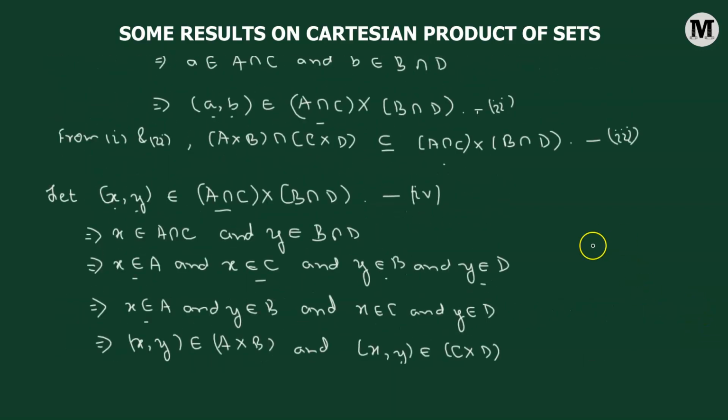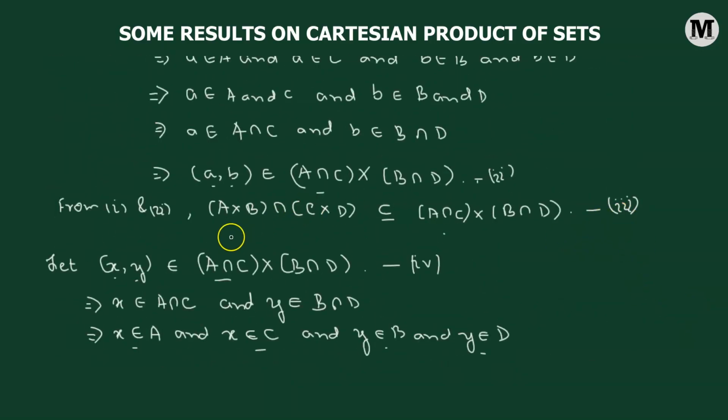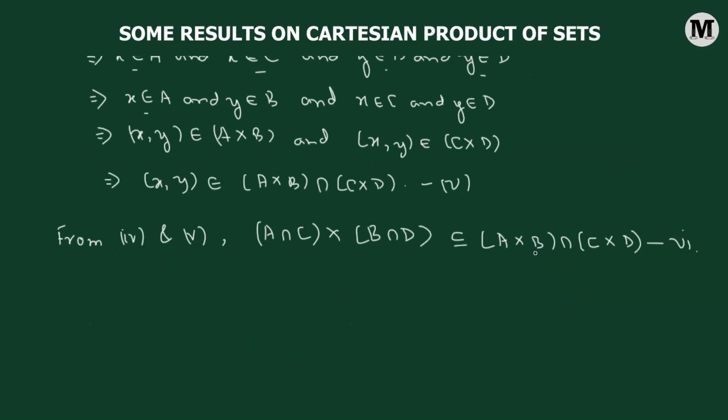Okay, so now finally we'll consider statement number 3, where we previously showed that the Cartesian product of A and B intersection with the Cartesian product of C and D is a subset of A intersection C Cartesian product with B intersection D. And we showed the other way around, it's also true.